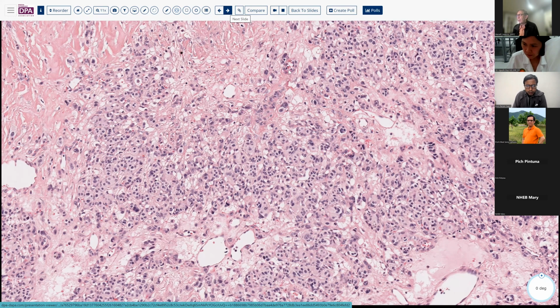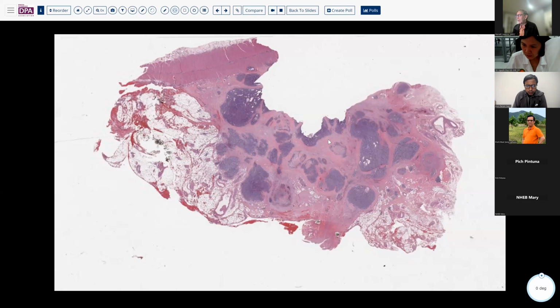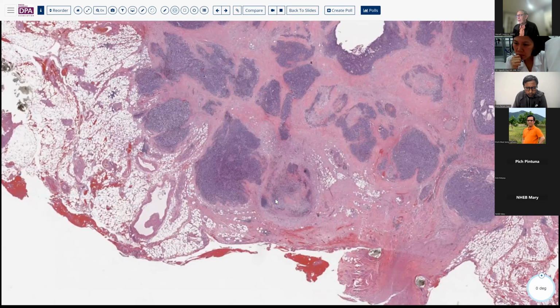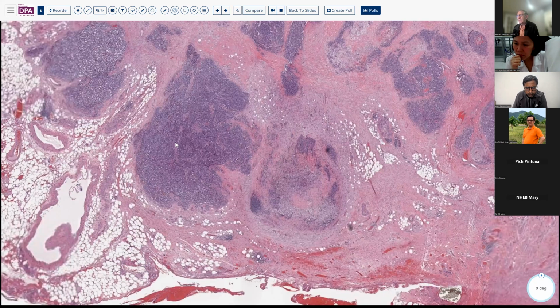Now, here's an example where it did become a little bit cystic, a little bit more nested and so forth in this case. And you see the associated wall here. I think this is actually up in the bile duct.